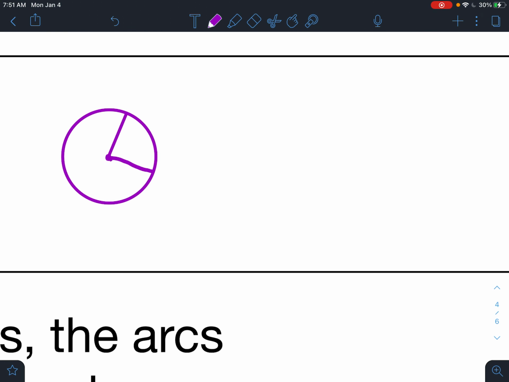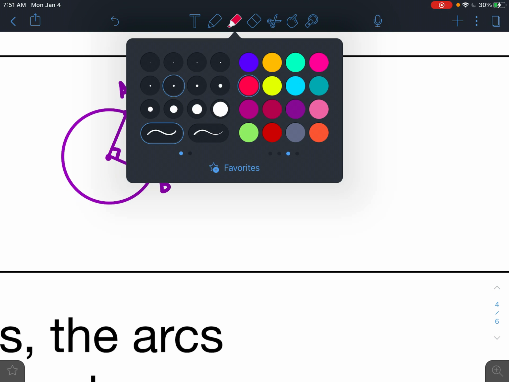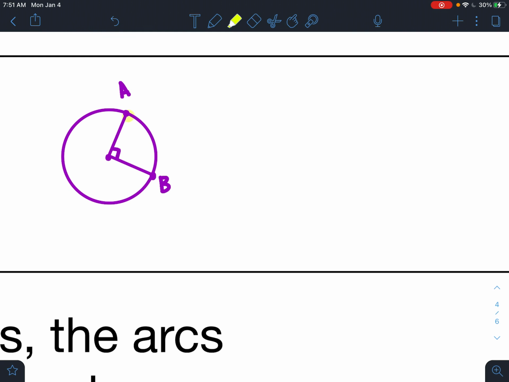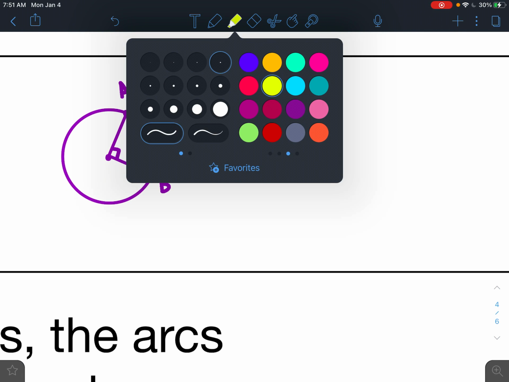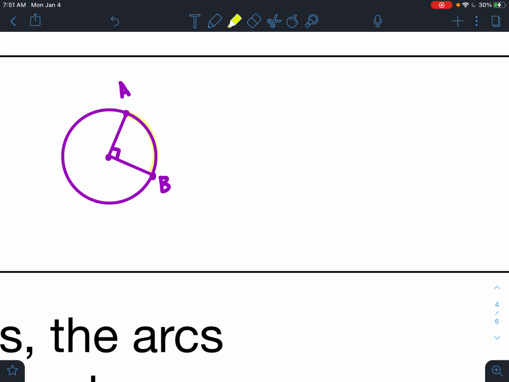Let's make that pretty easy and say that central angle is 90 degrees. If you look at the arc that it creates, let's name that arc AB. That arc measures 90 degrees.